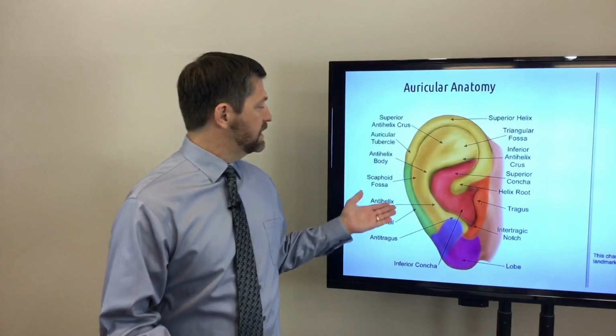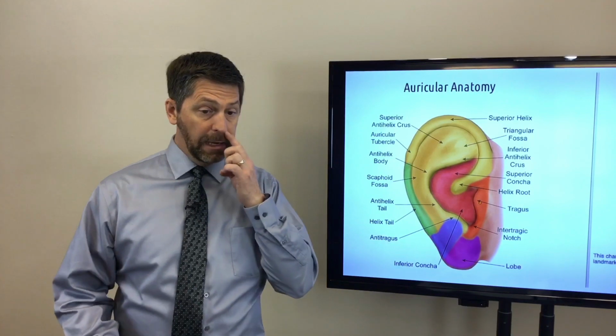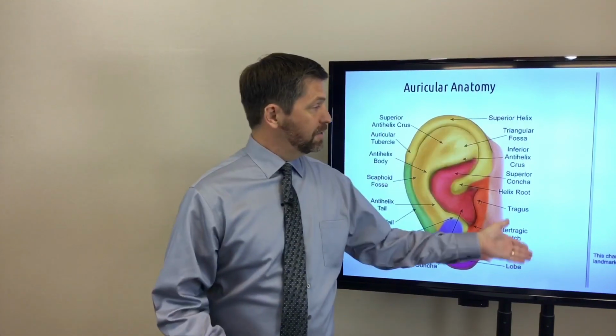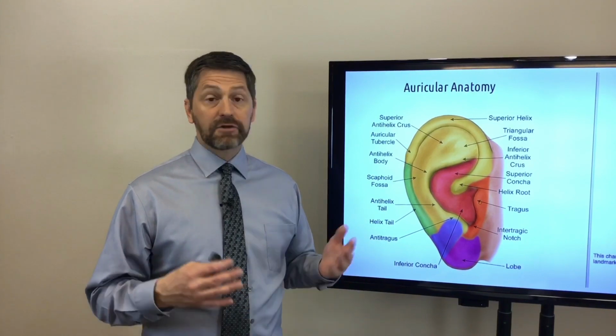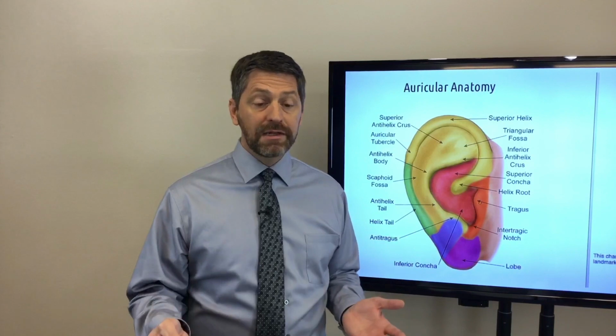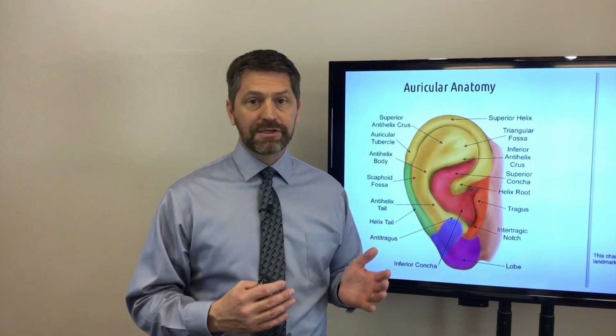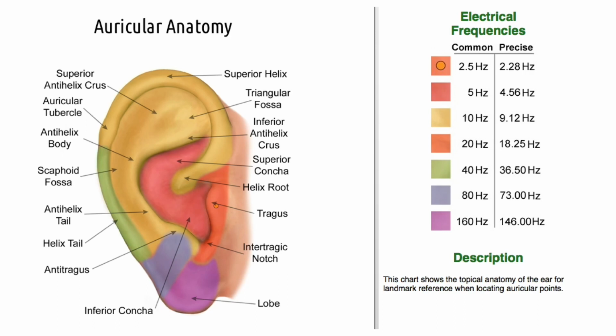Here on this chart you can see that different areas of the ear are colored differently and are given different frequencies in the chart. And this is the work of Dr. Paul Nogier, who developed the frequency charts for the ear, did a tremendous job, figured out which areas of the ear correspond with which treatment frequencies. And don't let this scare you. This looks kind of intimidating, like there's a lot of information there.